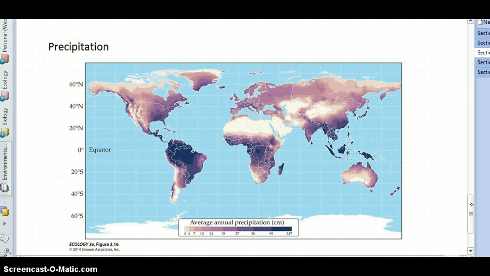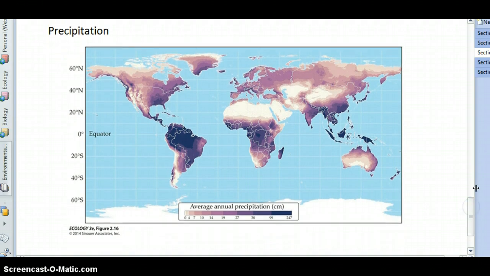So precipitation varies around the globe from some areas that are quite wet here, some of these tropical areas, southern Asia, the northwest coast of North America. You can see the Gulf Coast can be quite wet.